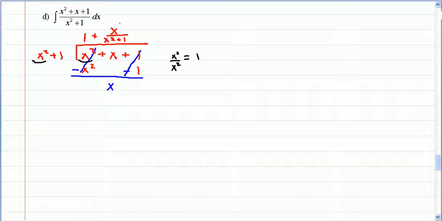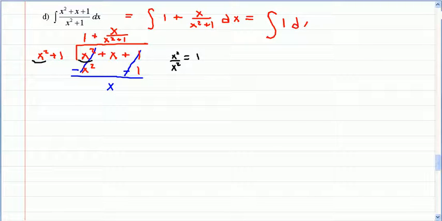So by doing the long division first, I now have the integral of 1 plus x over x squared plus 1 dx. I have two separate terms, so I'm going to separate this as two integrals of 1 dx plus x over x squared plus 1.